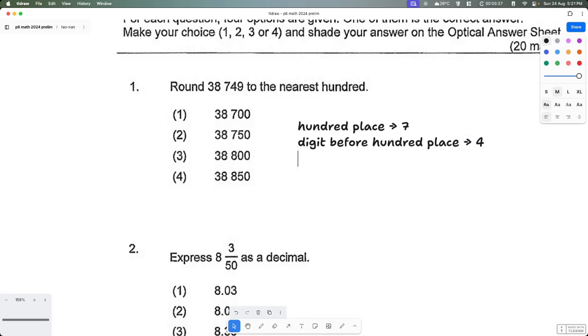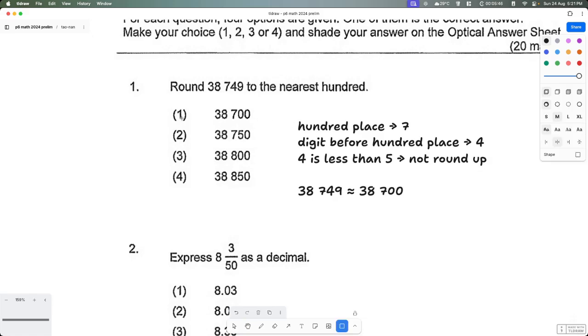Therefore, 4 is less than 5, so we will not round up. So 38,749 would then be equal to 38,700, which is option number 1.